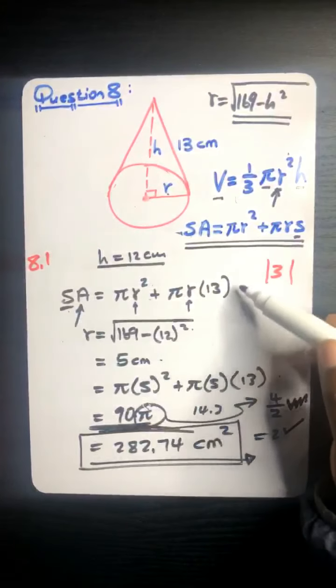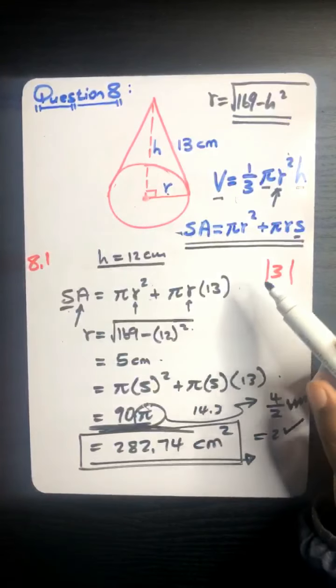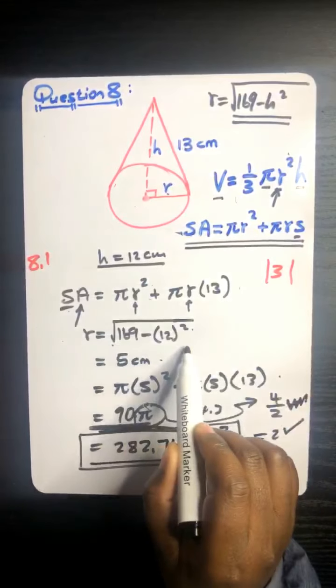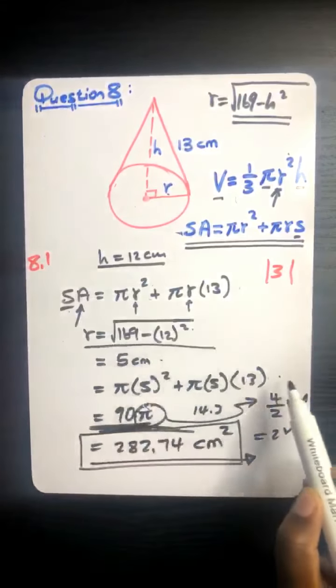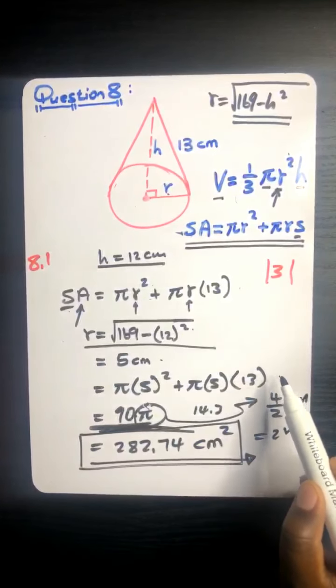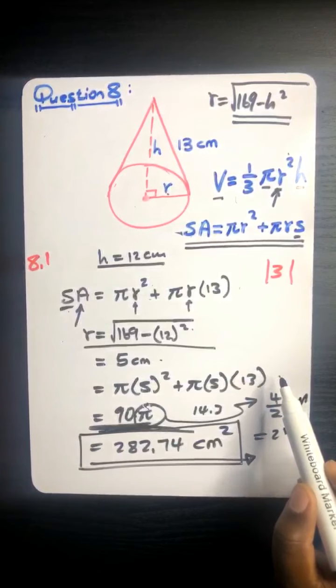Where are you? Step 2, sir. This one. What is the question there? I don't know how you got r is equal to 169 minus 12.